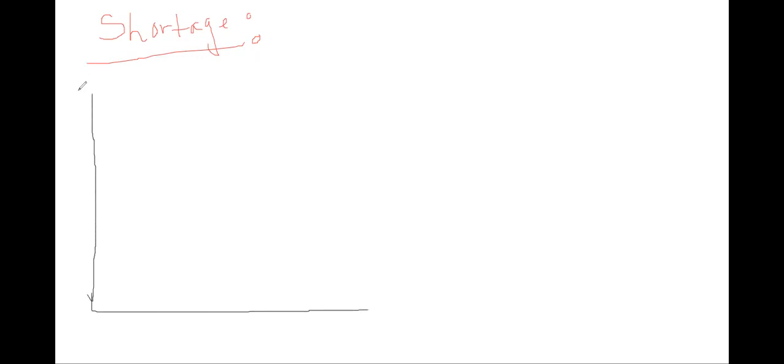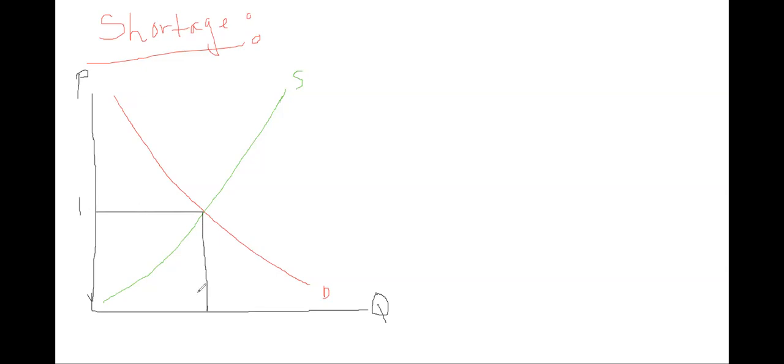So we have the price, then the quantity. We have our demand curve, and then we have our supply curve. Where they intersect is where we have the equilibrium price of 1 and quantity 4.